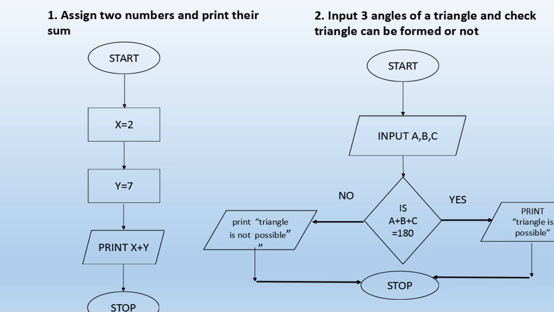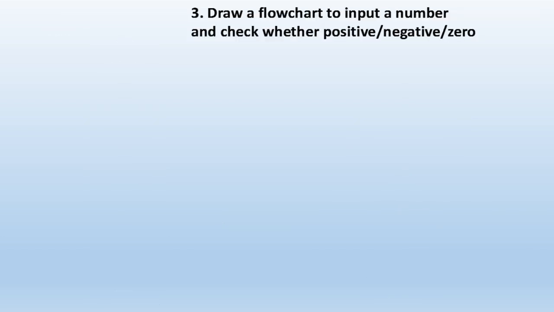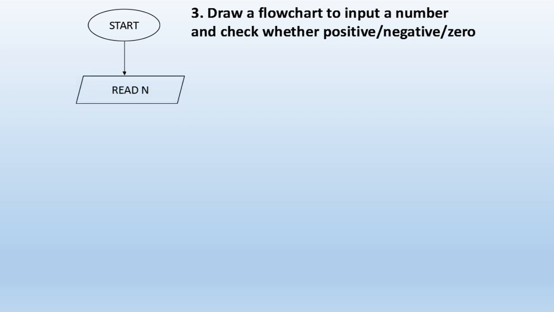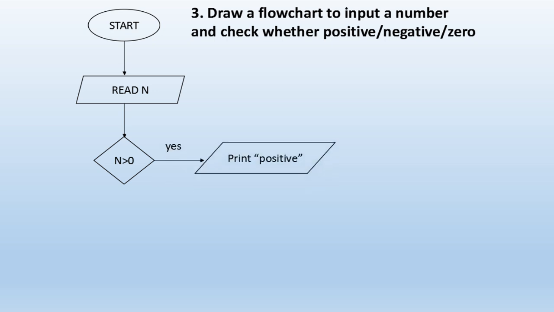Okay, so the next one is: draw a flowchart to input a number and check whether it is positive, negative, or 0. So again, start. Read n. Instead of input, I can write read also. So you are entering a number. If that number is greater than 0, if it is yes, then you are printing positive, and then you are connecting to x.